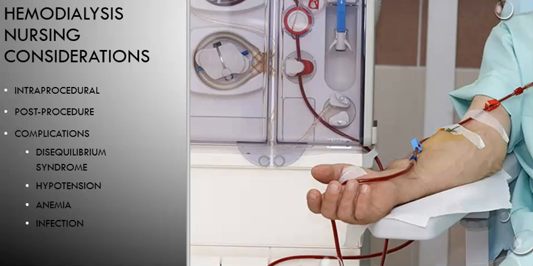Disequilibrium syndrome is a result of too rapid decrease of BUN and circulating blood volume. It can result in cerebral edema and can cause increased intracranial pressure. Early recognition is essential, which includes nausea, vomiting, changes in level of consciousness, and seizures.